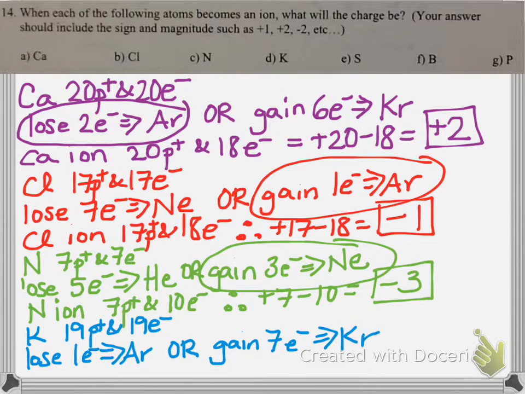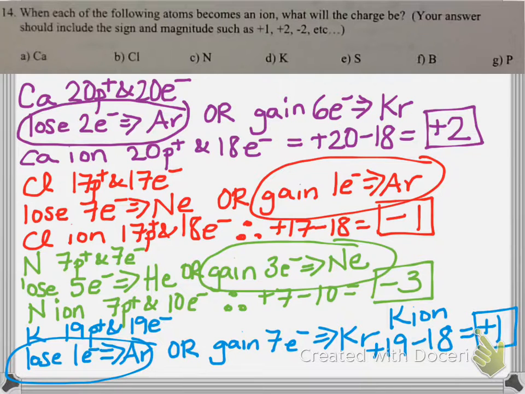It's going to do whatever's easiest, so it's going to lose 1. So potassium as an ion is going to have 19 protons and 18 electrons, which gives me a charge of plus 1.